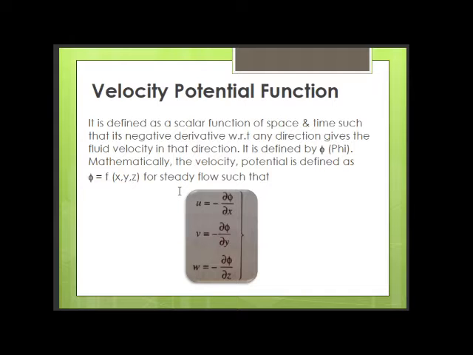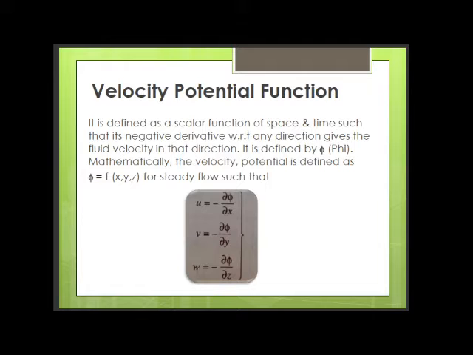We know that u, v and w are the velocity components in the x, y and z direction. The velocity potential function is a negative derivative with respect to any direction. So in the x direction, u is equal to minus dou phi by dou x.